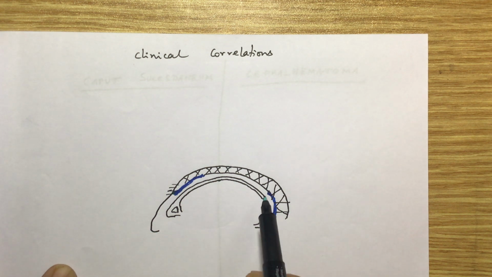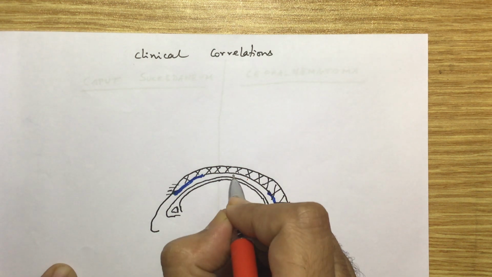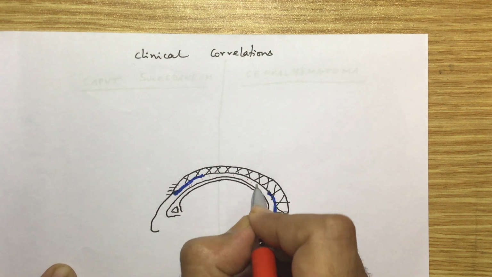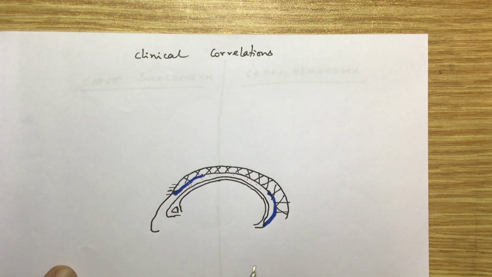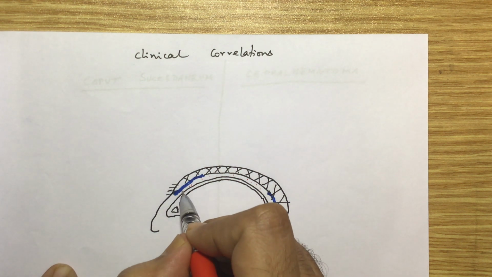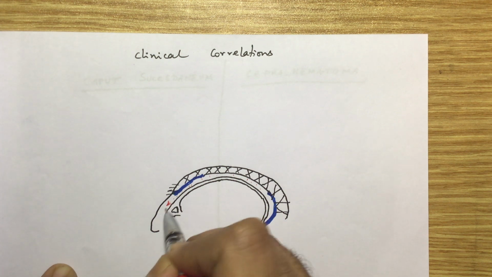So if there is any collection over here in the fourth layer, that can easily cover the whole area of the scalp, and even it can gravitate through this.